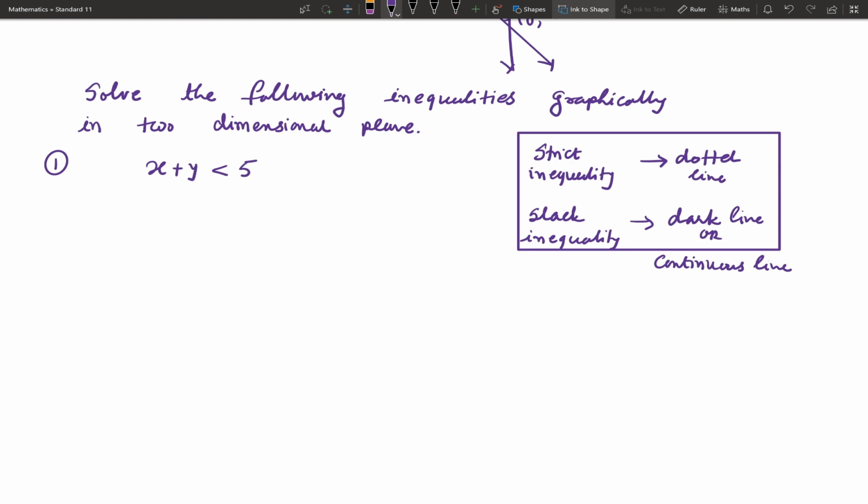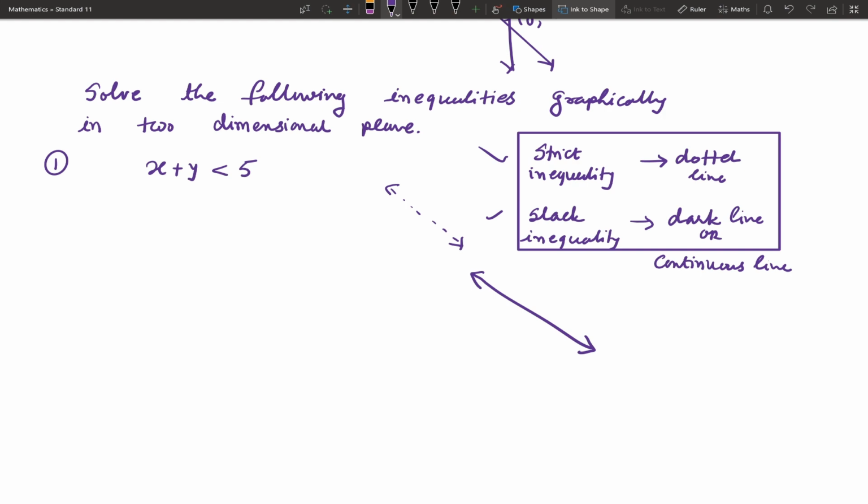So these two basic things you have to remember. In the case of strict inequality there will be a dotted line, and in the case of slack inequality there will be a continuous line.